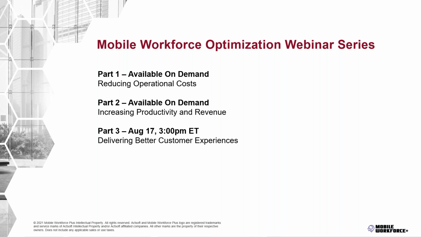Part 2, also available on demand, was increasing productivity and revenue. And so today we're going to bring it together and talk about delivering a better customer experience. We're hoping that with everything you've learned throughout the series, we're able to deliver a better experience for the customer, since that's what it's all about: making your customers happy.